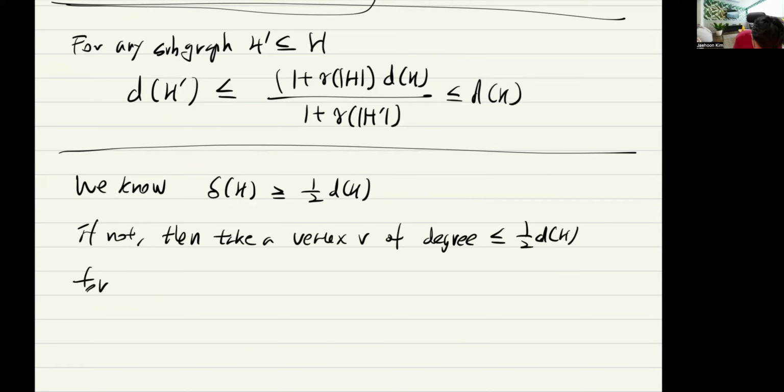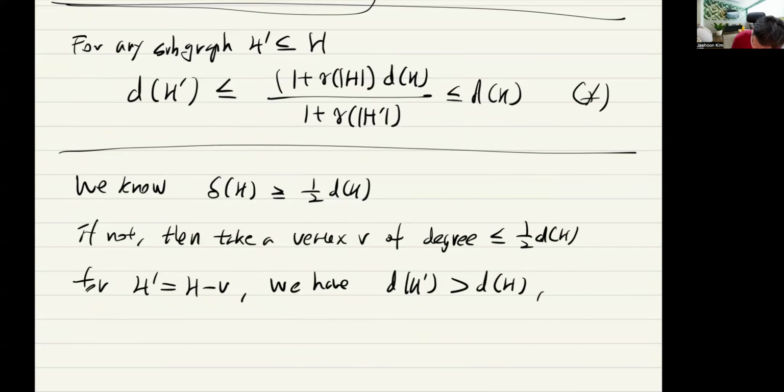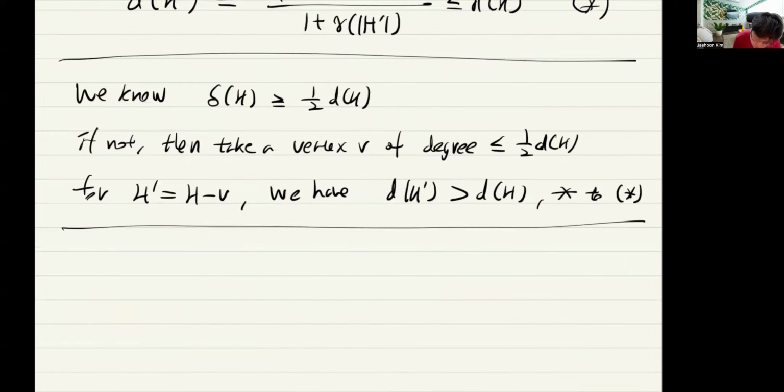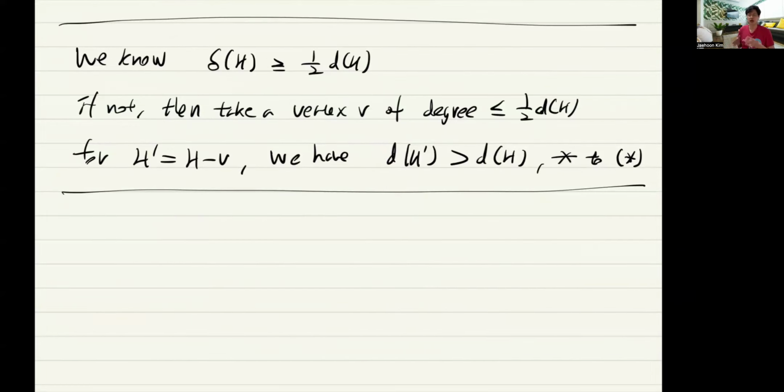Then for H prime, which is H minus v, we can check that its average degree is bigger than that of H. Contradiction. So this is staying with the thing that I said before. We just take the subgraph with the highest average degree, then this holds.